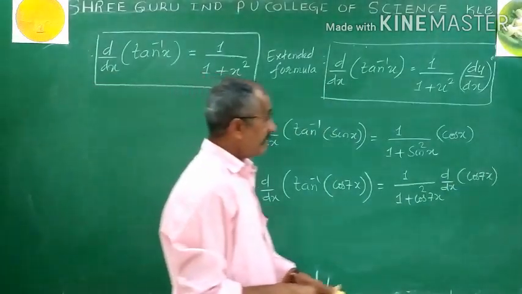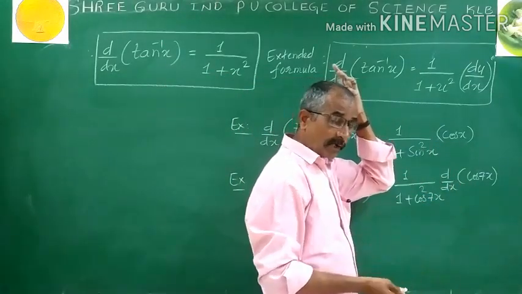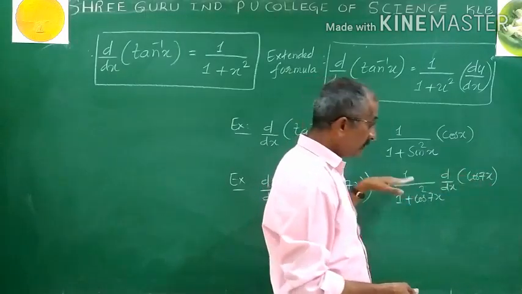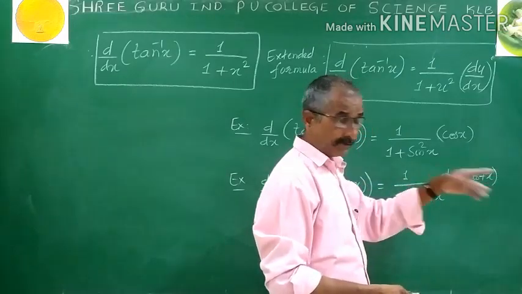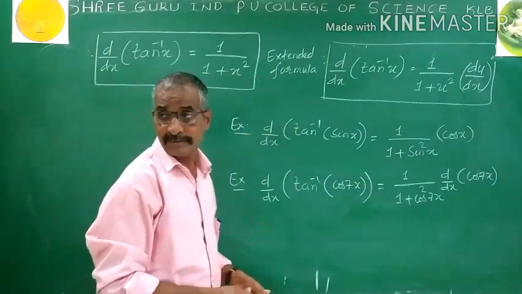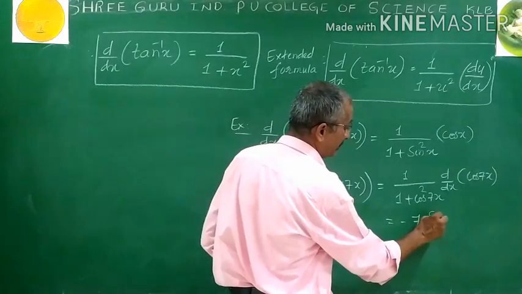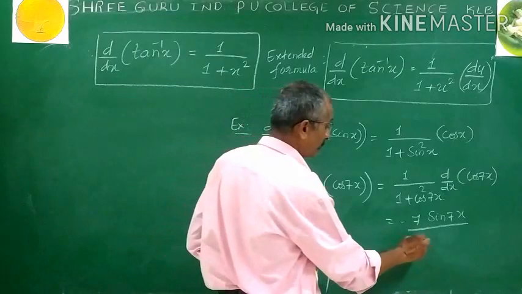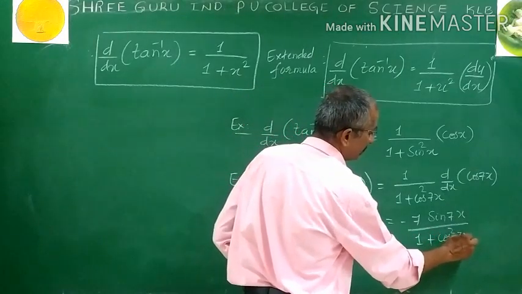Here the differentiation of cos function is minus of sin function, into the derivative of 7x, which is 7. The total becomes minus 7 sin 7x, that is equal to minus 7 sin 7x divided by 1 plus cos square 7x.